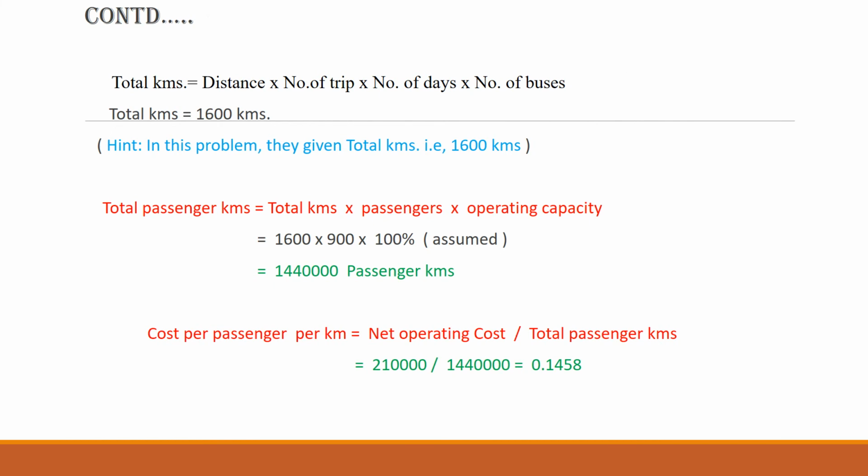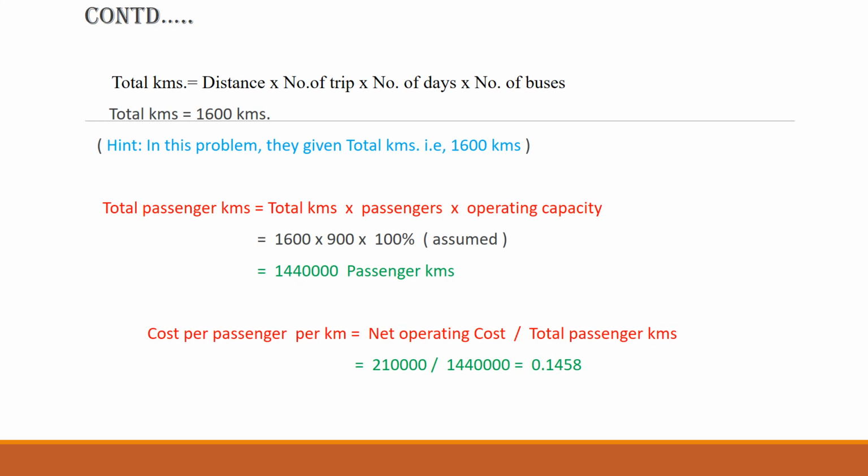So we have to calculate cost per passenger per kilometer. Before calculating this, we have to calculate total kilometers. But in this problem, they have given the total kilometers, so we need not calculate once again. That is 1600 kilometers. Then what is the total passenger kilometer? As you know, the formula is total kilometers multiplied by passengers multiplied by operating capacity.